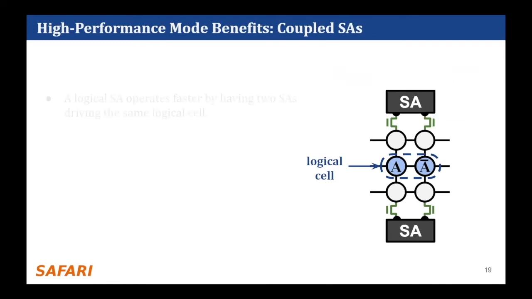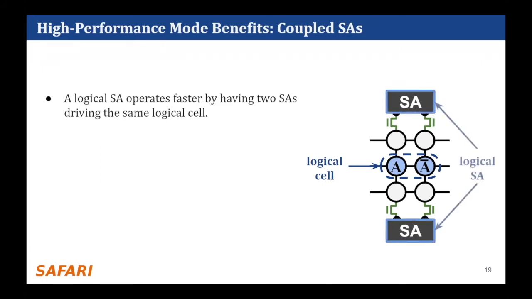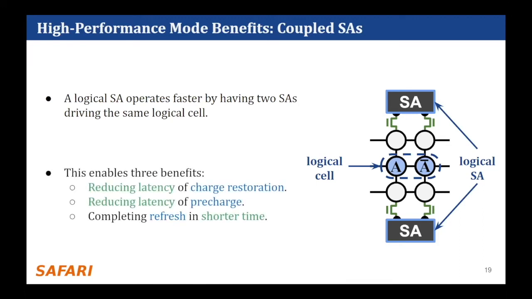A logical sense amplifier operates faster by having two sense amplifiers driving the same logical cell from both ends of the bitlines. This also has three benefits: the reduction in the latency of charge restoration, the reduction in the latency of precharge, and it enables the DRAM refresh process to be completed in a shorter period of time.